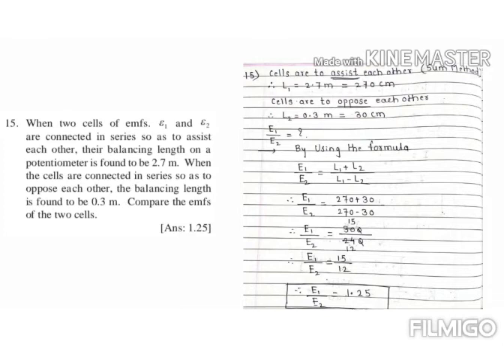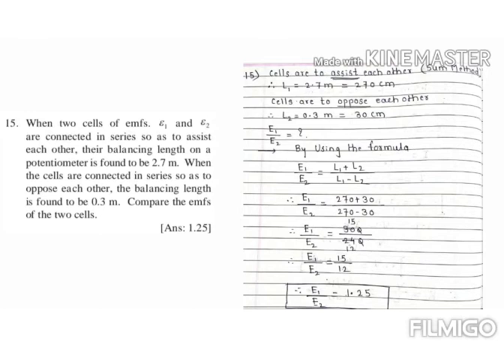The two cells are to oppose each other, therefore they are in difference method, and the length given is 0.3 meter, which is equal to 30 centimeter. Here we have to find the ratio of two EMFs, that is E1 upon E2.